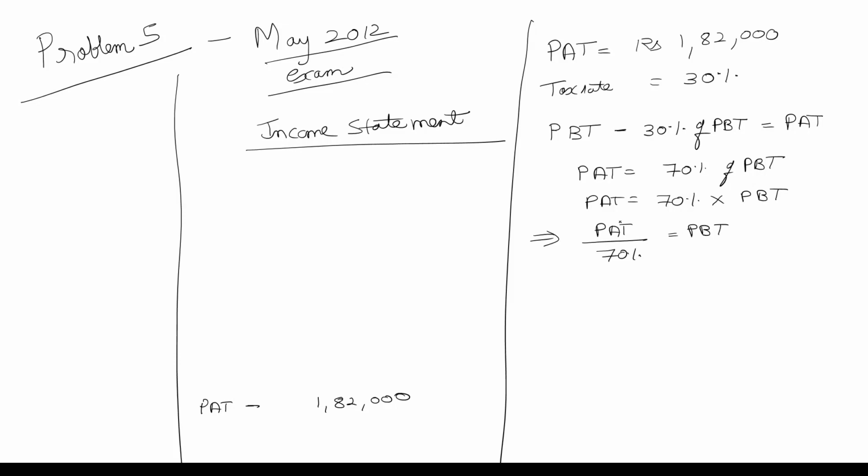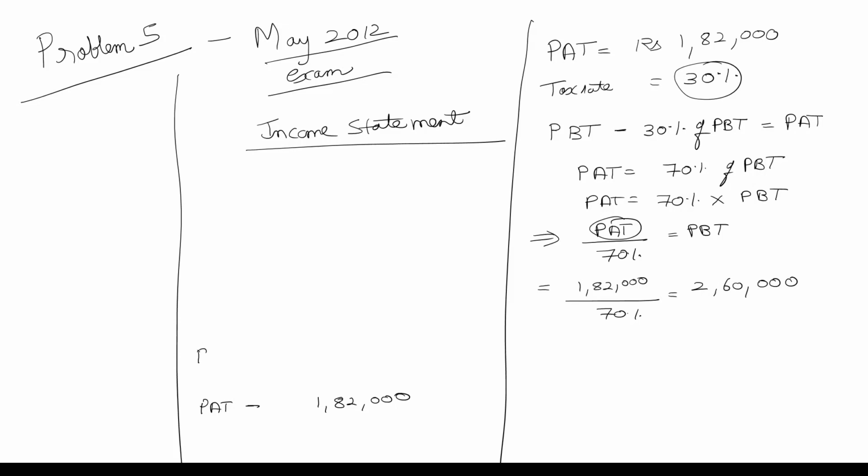So given the profit after tax and given the tax rate, I am now reverse working and calculating the profit before tax. So 182,000 divided by 70%. Let's see what we get. This is 2,60,000.